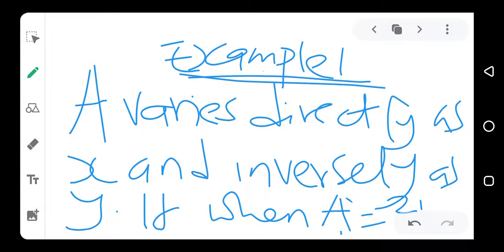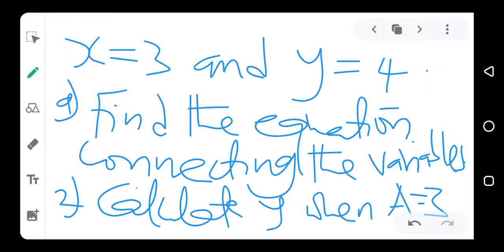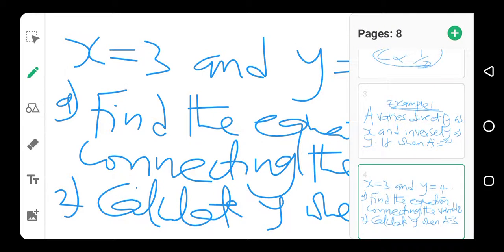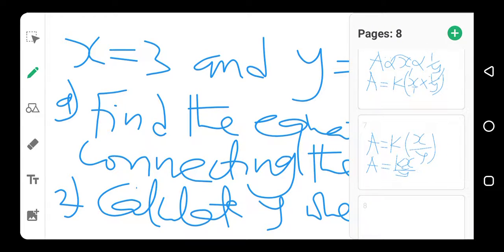So we know the first value of A as 2, then the first value of x as 3, and the first value of y as 4. So we put all these first values into this relationship.